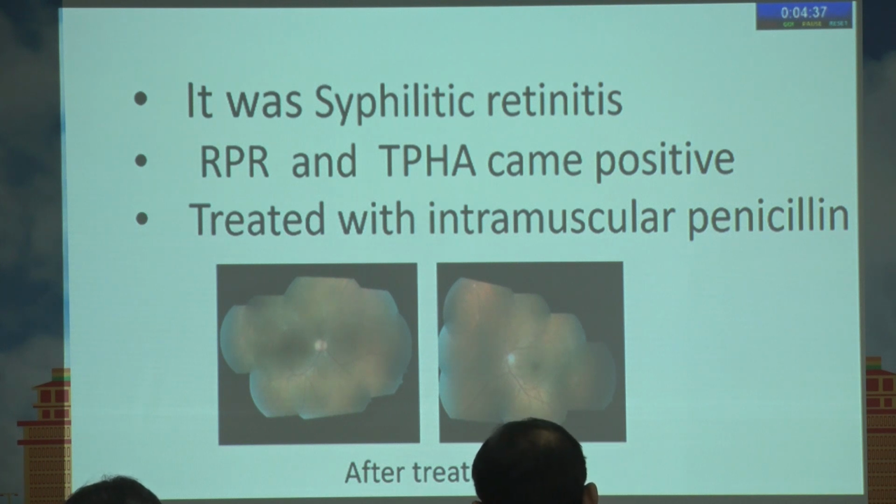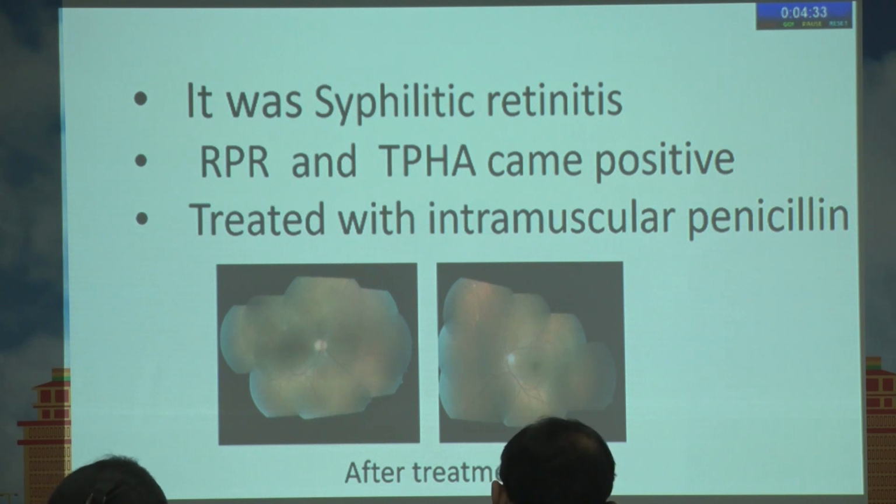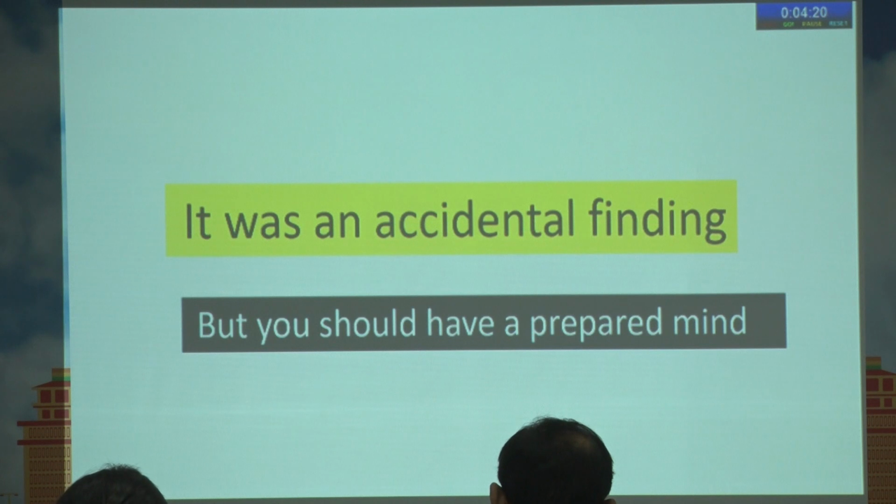Syphilis is often a one-time disease, and if you can make the diagnosis, you can make a really vision-saving diagnosis, and this can really bring back joy to the patient and to you also. It was an accidental finding, shaking the hands, so you get the clue, but you should have a prepared mind about what you are doing and what you are finding.